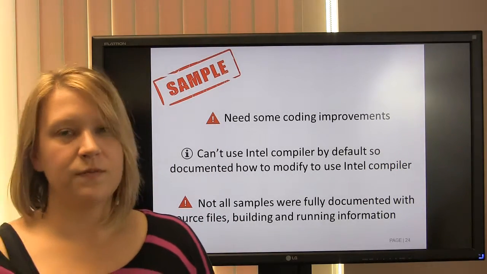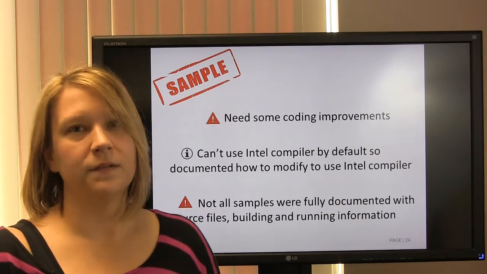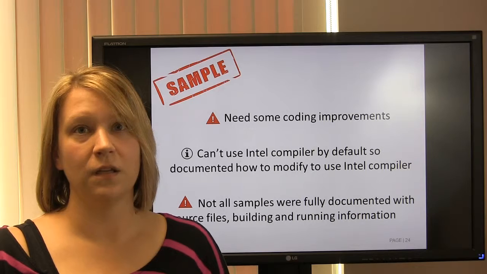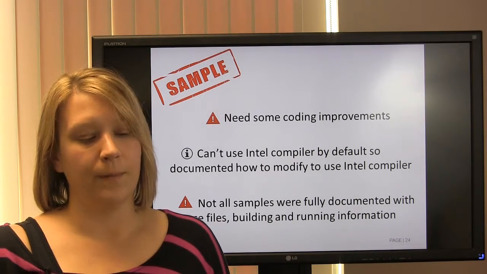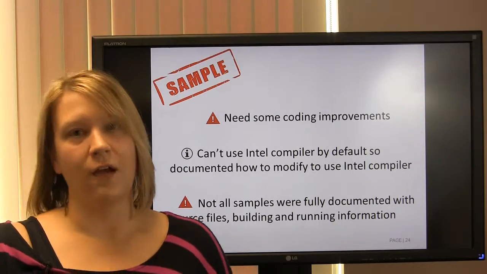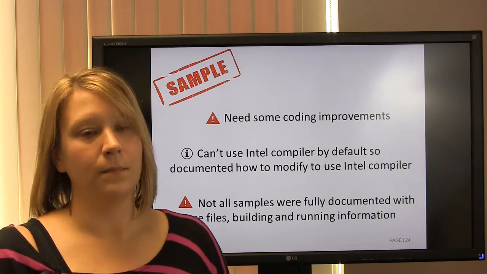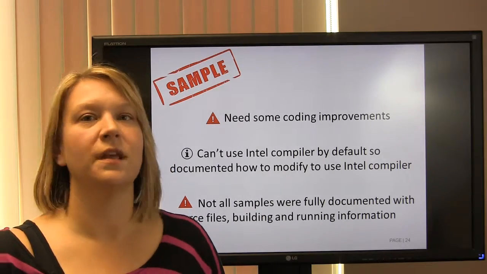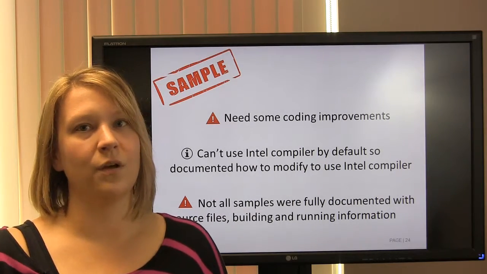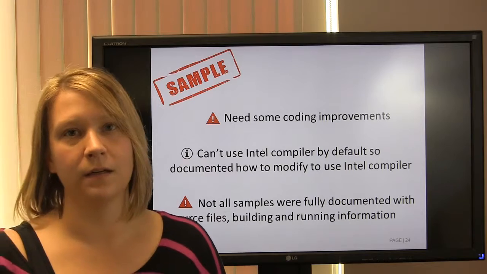So with our samples, we've done a lot of work to improve them, but there's additional work we could do and will be doing in the future releases. So we do need to do some coding improvements there just to make sure that everything is documented and easier for customers to understand what we're trying to show them. We also right now don't have any samples that use the Intel compiler.